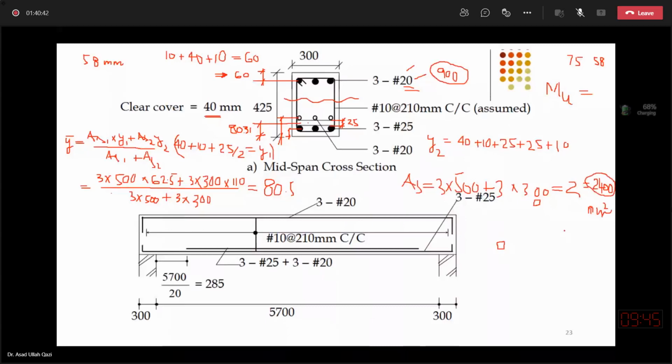That in your beam at site, which is of 6 meter span and has simply supported end conditions, and it has this cross section, how much MU and then finally how much WU you will get.